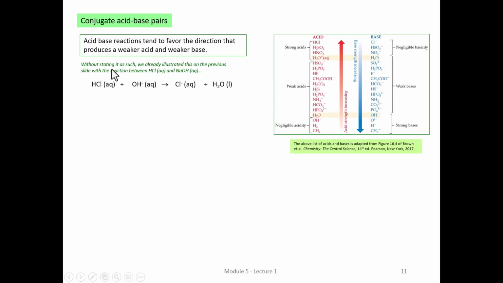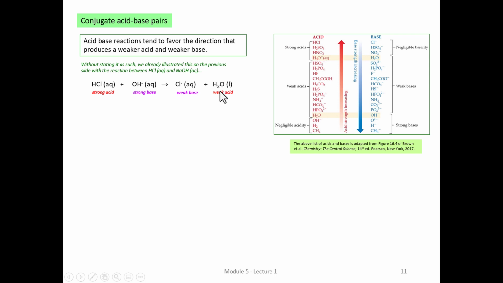Now, without stating it as such, we already illustrated this on the previous slide with our reaction between the strong acid HCl and the strong base hydroxide. If you look on the list here and ask what this reaction is going to produce if it does go to the right, it's going to produce chloride, which we label as a weak base, and it's going to produce water, which we label as a weak acid.